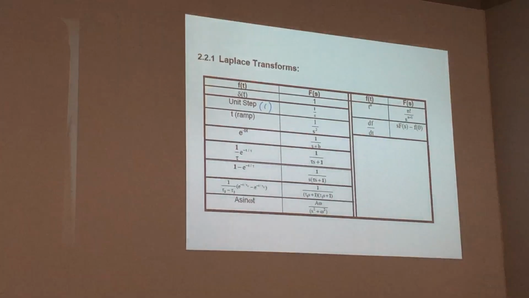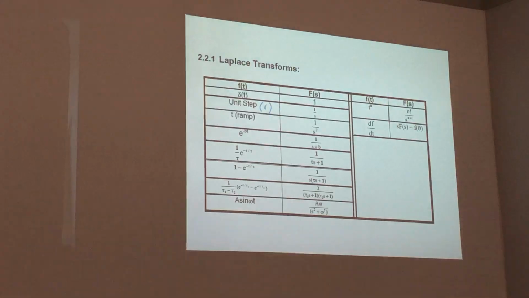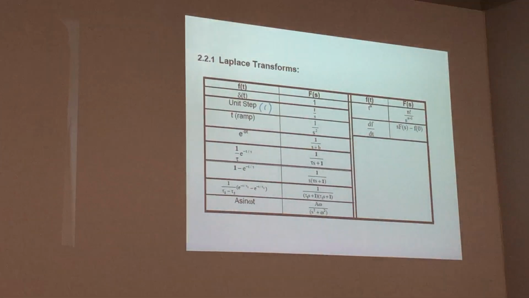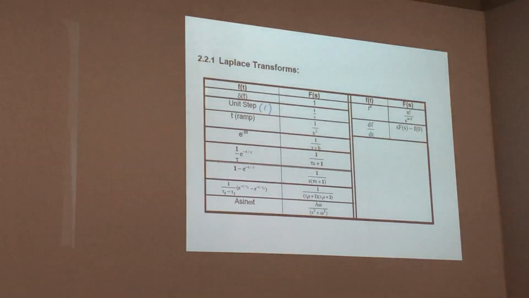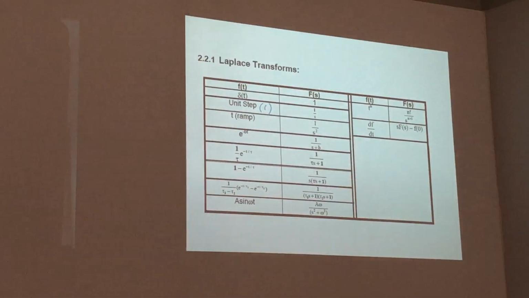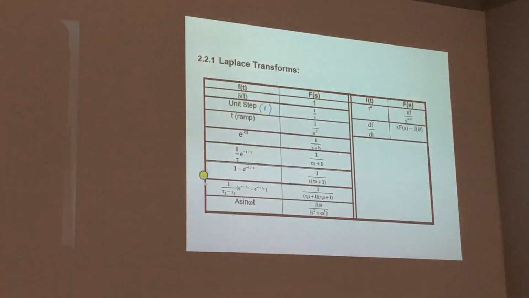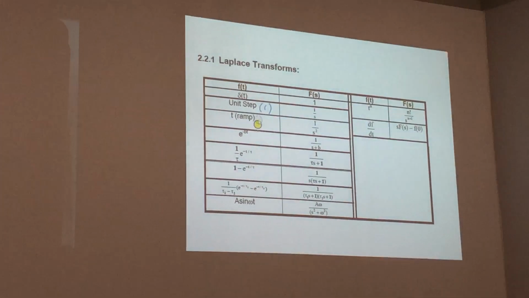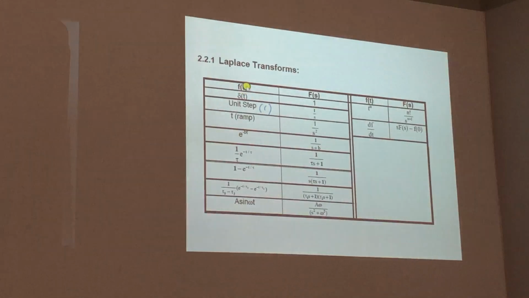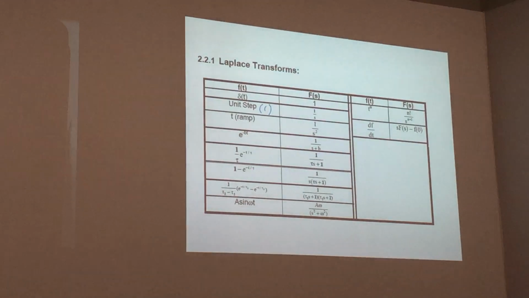Okay. Topic 2, the first part we learn about process dynamics, where we start with the Laplace transform. Laplace transform, you must be able to use this table. This side is the function. If I have a function and I transform it, the small letter will become a capital letter.